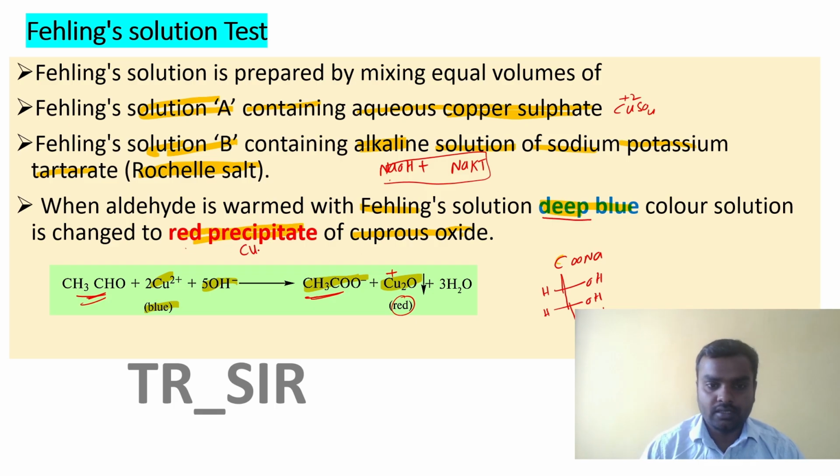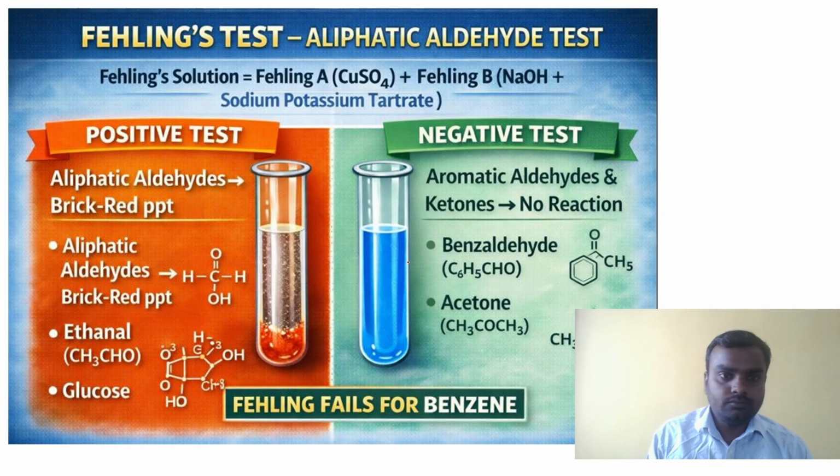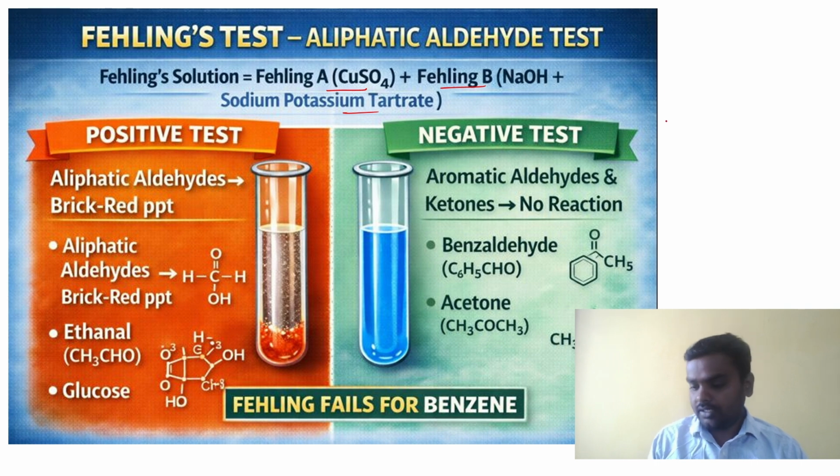The red precipitate is Cu2O, copper plus 1 state is forming. Here Cu2+, blue color, is converting into copper plus 1. Now you can see here Fehling's test solution: solution A copper sulfate, solution B sodium hydroxide and sodium potassium tartrate. Right? Keep the structure in mind.